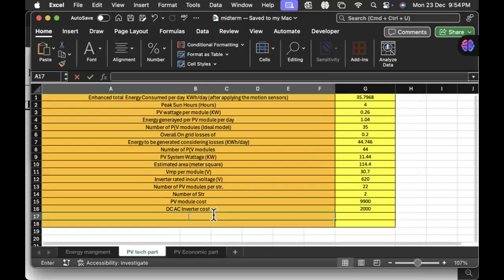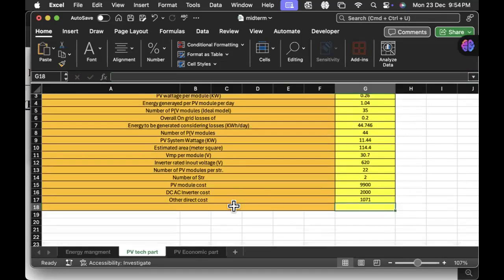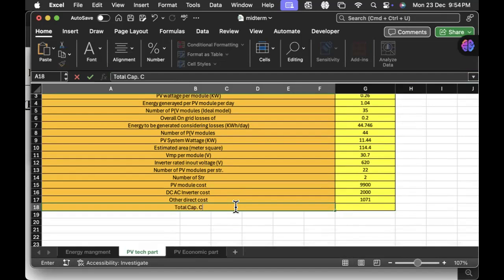So the other direct cost simply equals 0.09 times open bracket this number plus this number, close the bracket. So this will be the other cost, and then the total capex is simply the sum of these three numbers.